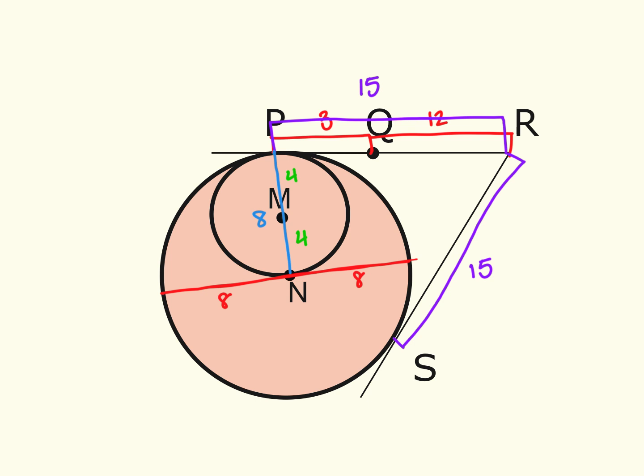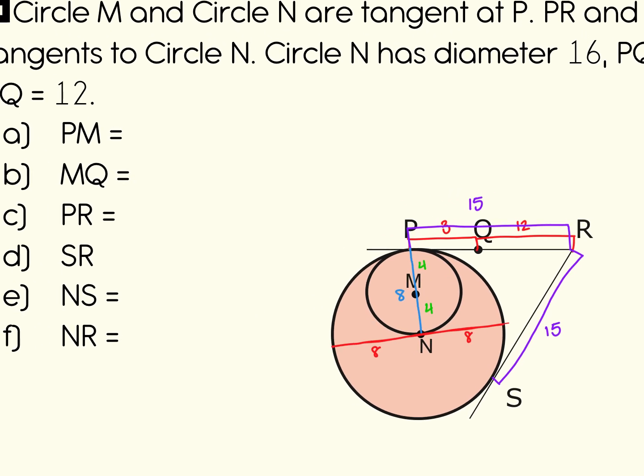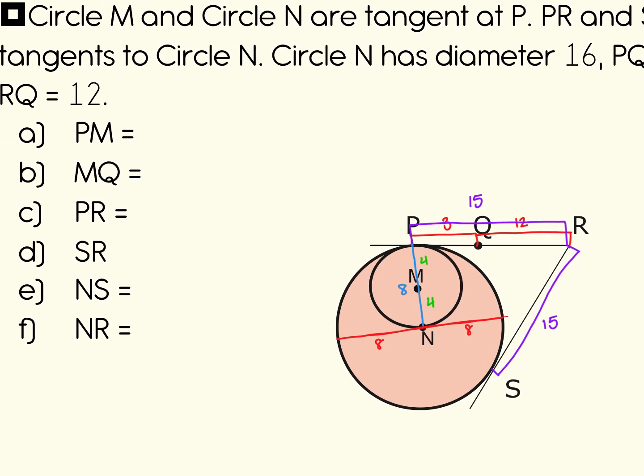Anything else? Okay. Let's go ahead and find out if we answered all the questions already. PM. Do we know what PM is? Okay, we found that. It's 4. What about MQ? Do we know what MQ is? No, so we're going to have to solve for MQ.